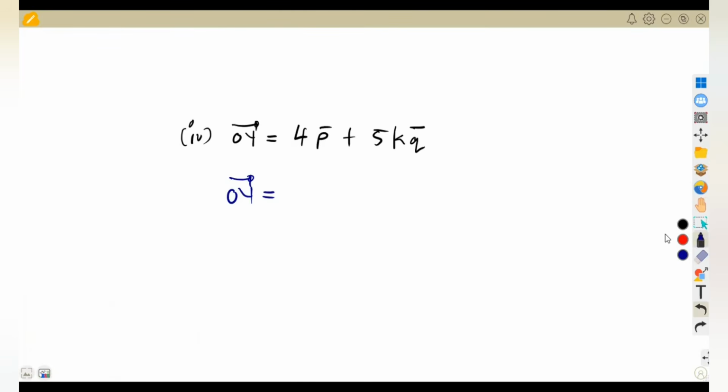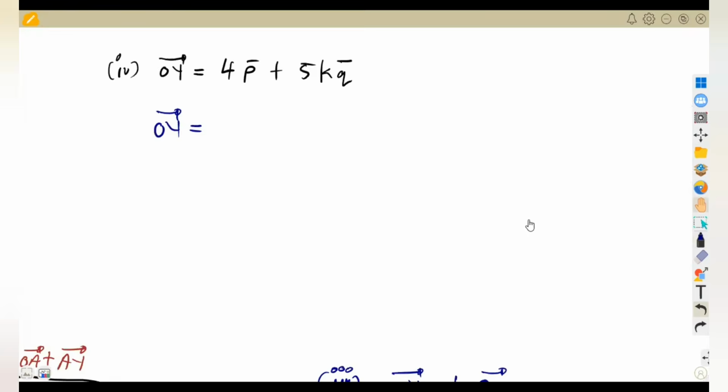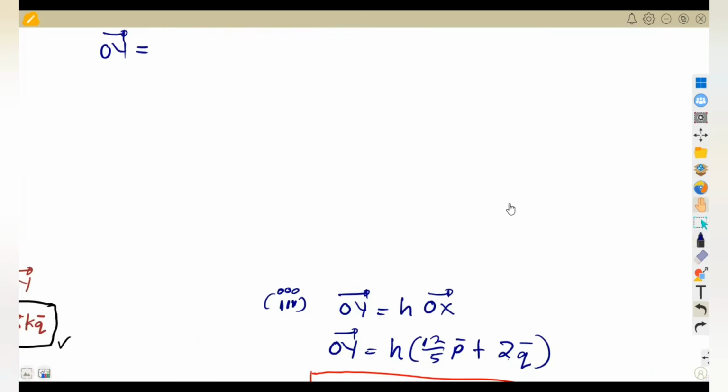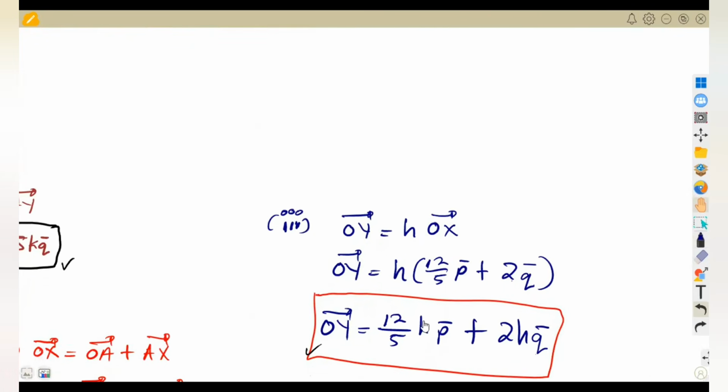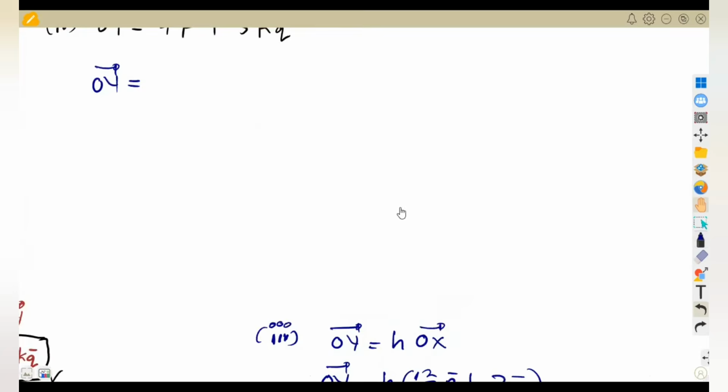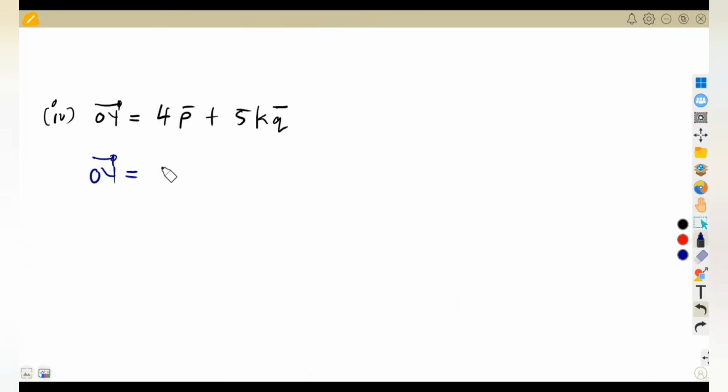Remember, this one in terms of H, which was 12 over 5 HP plus 2HQ. So this is the one that we are going to take. All right, so we write it aside like this.